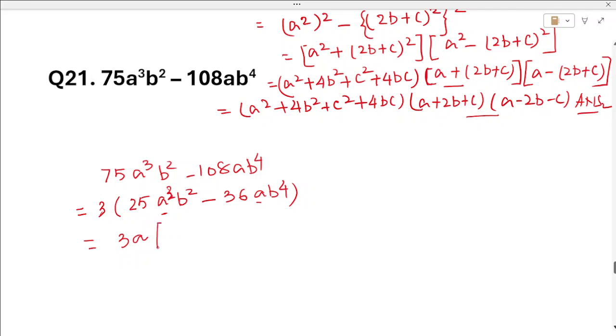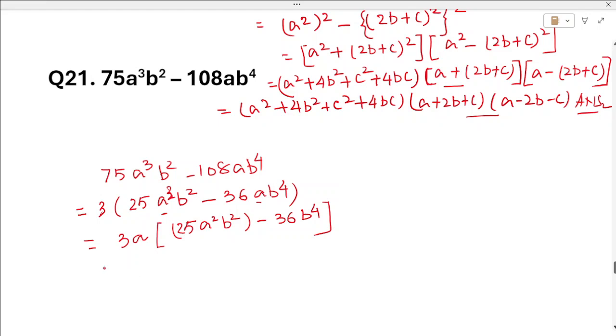Now inside the bracket 25a square b square, put it as 25 right now, minus 36, we have taken out a common, inside it is b to the power 4.